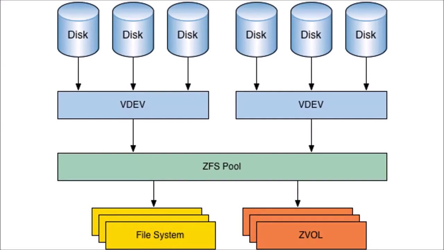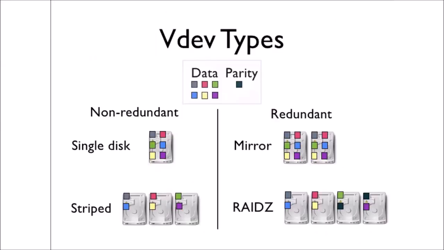Now, VDEV types. You can divide them into one of two categories, either redundant or non-redundant. Non-redundant could be single disks. So if I had 6 1 terabyte drives, I could put them in there as 6 1 terabyte VDEVs, and I would have 6 terabytes of storage.